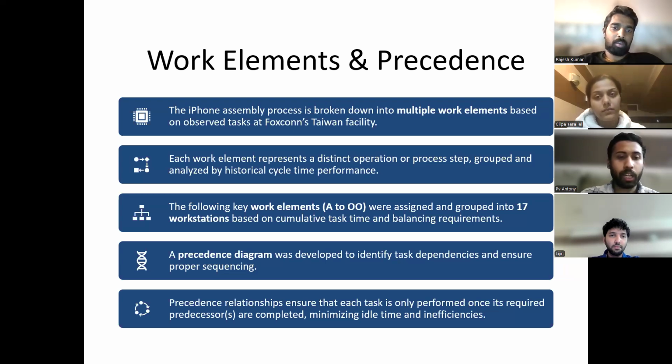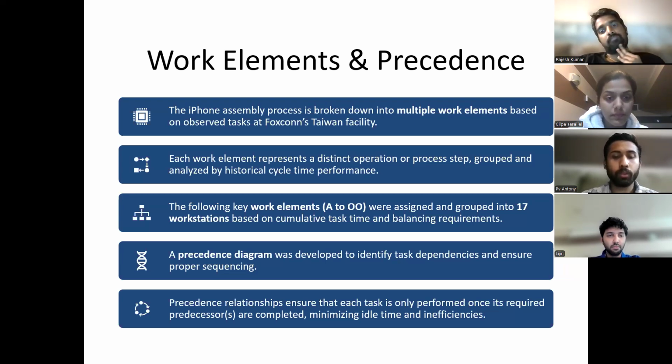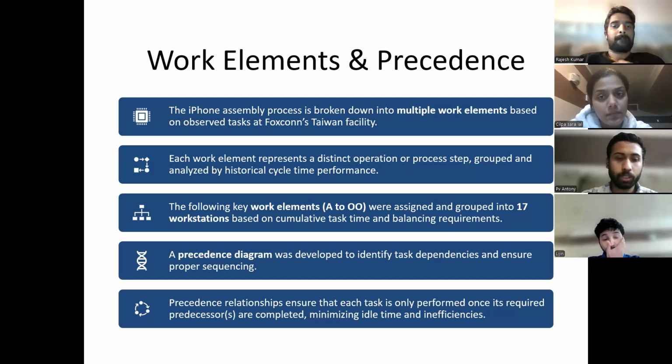The key elements were assigned and grouped into 17 workstations based on the cumulative task and balancing requirements. Additionally, a precedence diagram was developed to identify the dependencies and ensure proper sequencing, so that each task is only performed once its precedence relationship is satisfied.